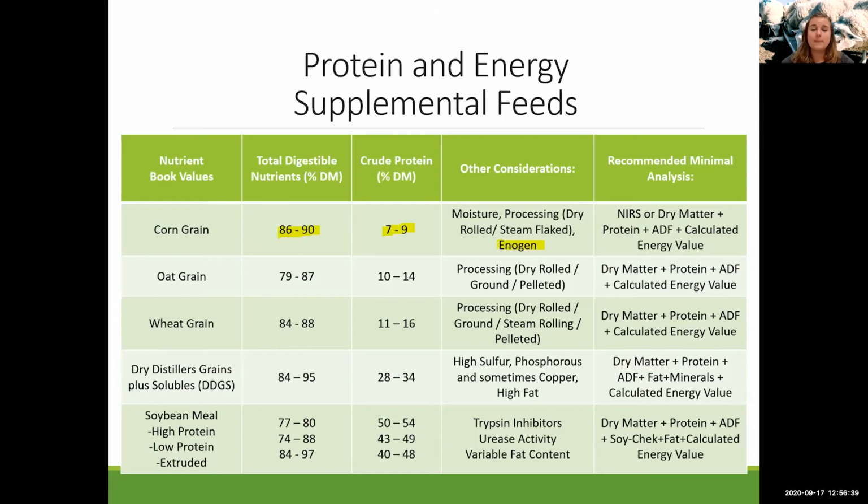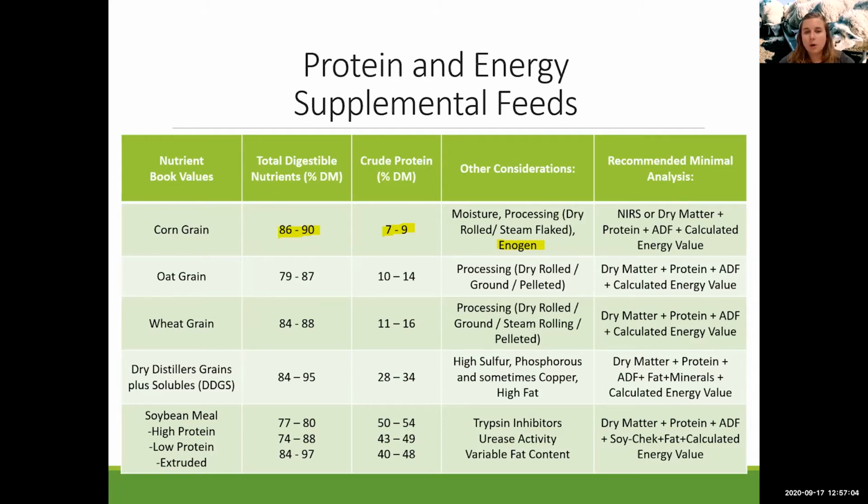They're starting to be more and more common around here to be feeding to cattle. We know that Enogen has the amylase in the corn, and it actually doesn't get activated until it's past the rumen, which is a good thing. And it has been shown in different studies that I have read to increase the efficiency of the feed utilization for that corn.